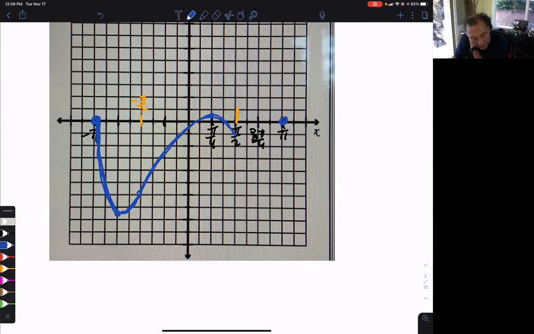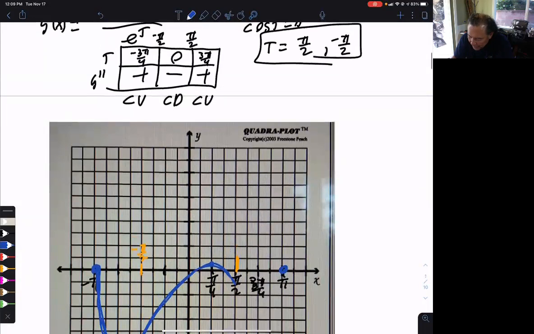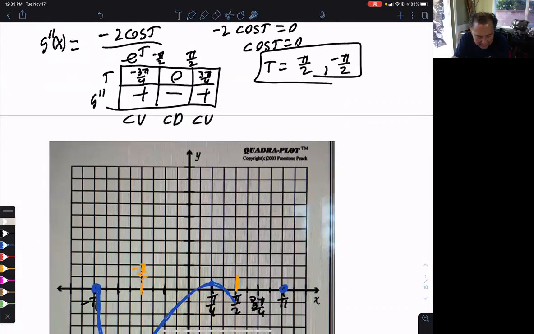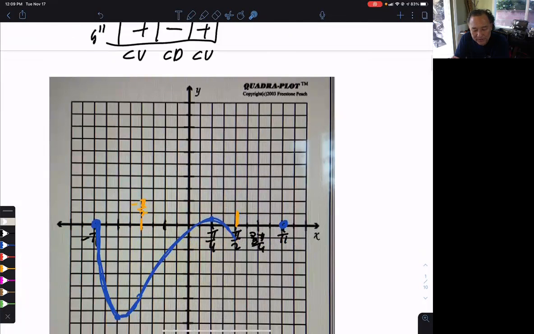I probably should have found my x-intercepts, and I'll come back to that. And then what happens? Oh no, I am very confused because, oh, I know what's going on. I messed up, and I'll tell you how I know I messed up.